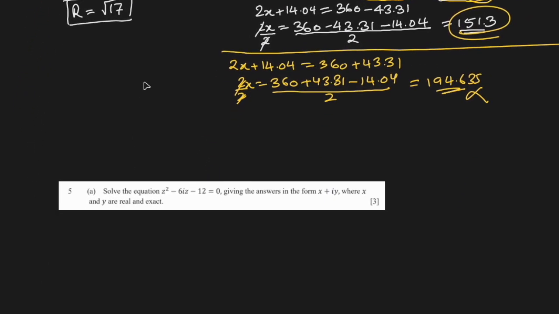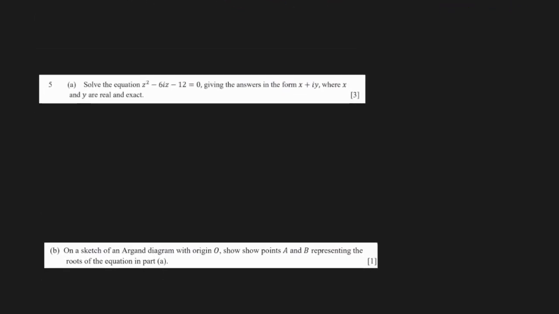Moving on to the next one, which is this complex number. Solve this quadratic equation giving the answers in the form x plus iy, where x and y are real numbers. This is quadratic, right? So the answer, that means one root of this, is x plus iy. That's what they're saying. We have to give this format, right?